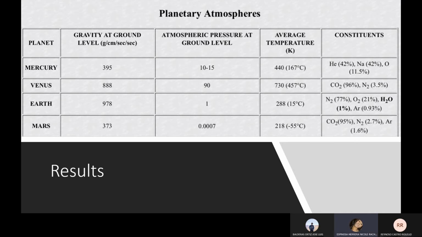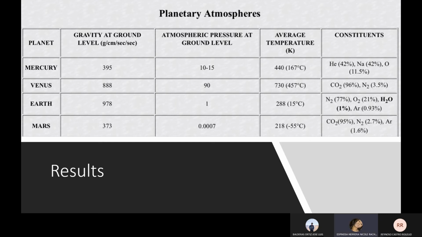About the pressure, the pressure in Mercury and Venus and most of the planets is super high, and Mars is the one that is the closest to the pressure of the Earth. The average temperatures are really high or really low. This is super extreme, and the only one that has a balanced average temperature is the Earth with 15 Celsius.